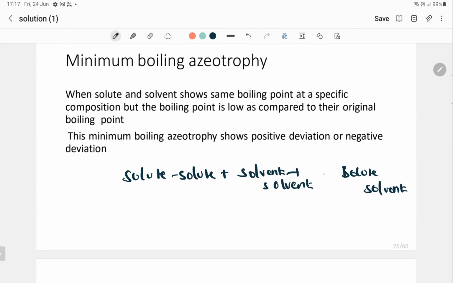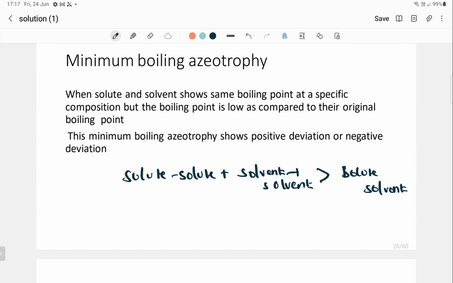Why are you saying it's positive? Due to the intermolecular repulsion. Correct. So the intermolecular force of attraction is very, very less. What is positive deviation? More vapors will be there, so you can see more vapor pressure.